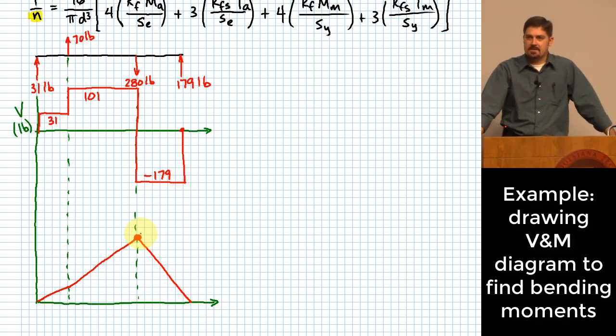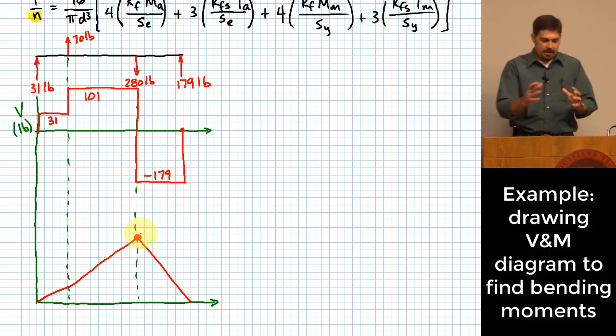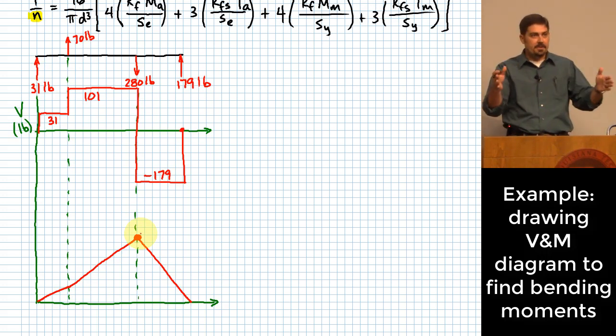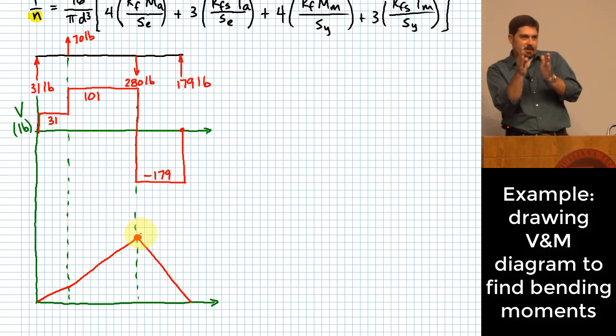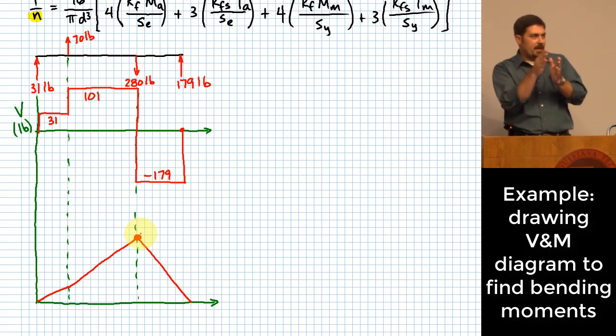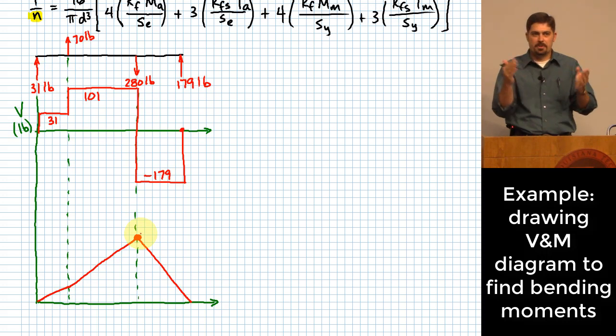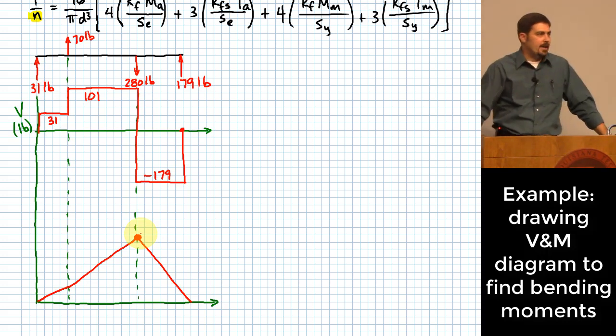In some cases, especially if you're dealing with shafts where the components themselves are large relative to the length of the shaft, it may be important for you to actually look to the left or to the right of where the component is being installed and find the bending moment at those locations. But for us, we're going to pretend like that's negligible.